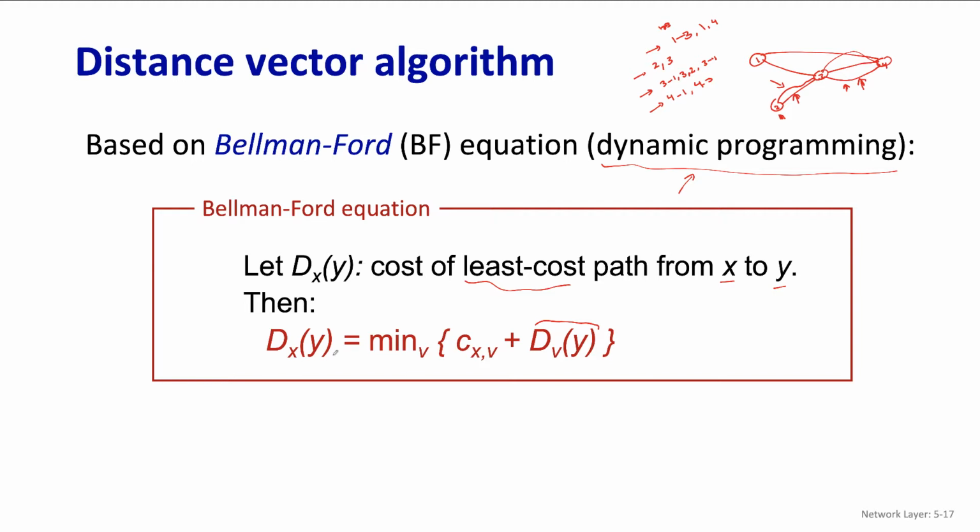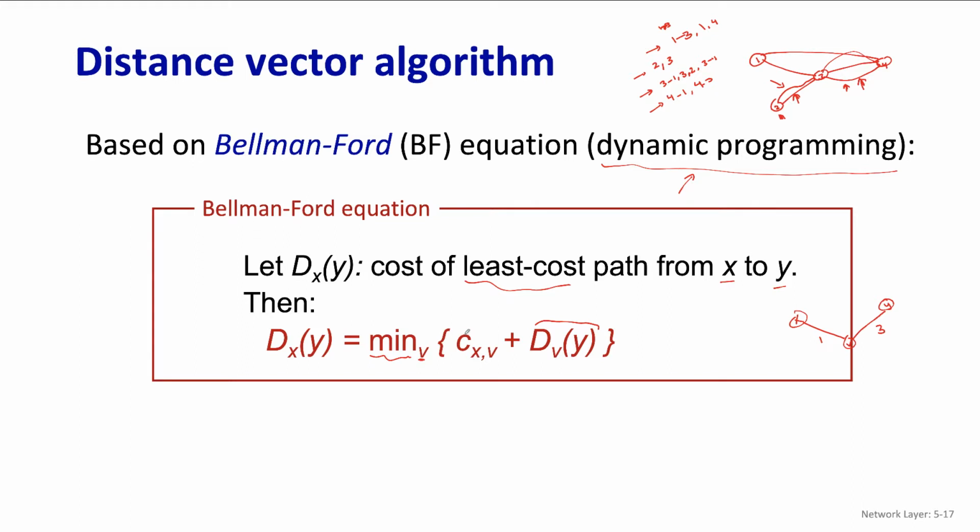Then we will pick the minimum value over v, from x to v here. Let's say this is x, this is v, and this is y, and this is the connection here. From x to v, let's say this has 1, this has 3.